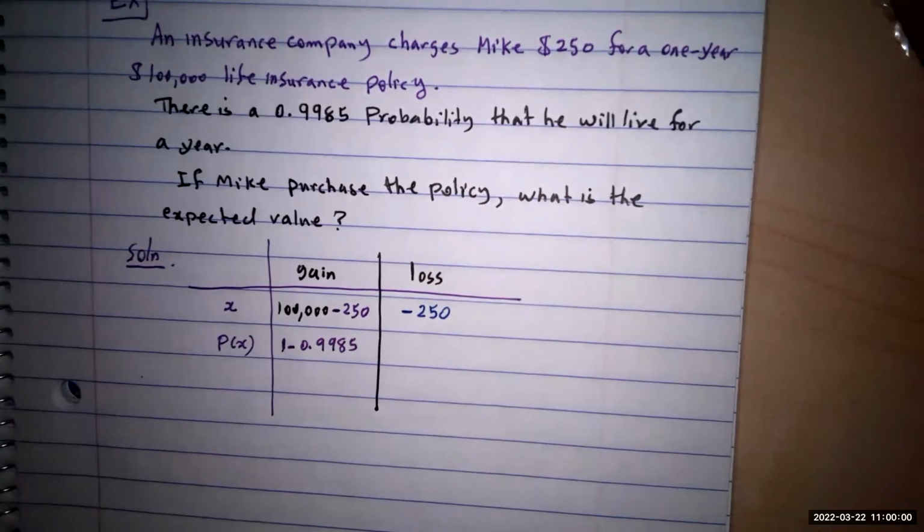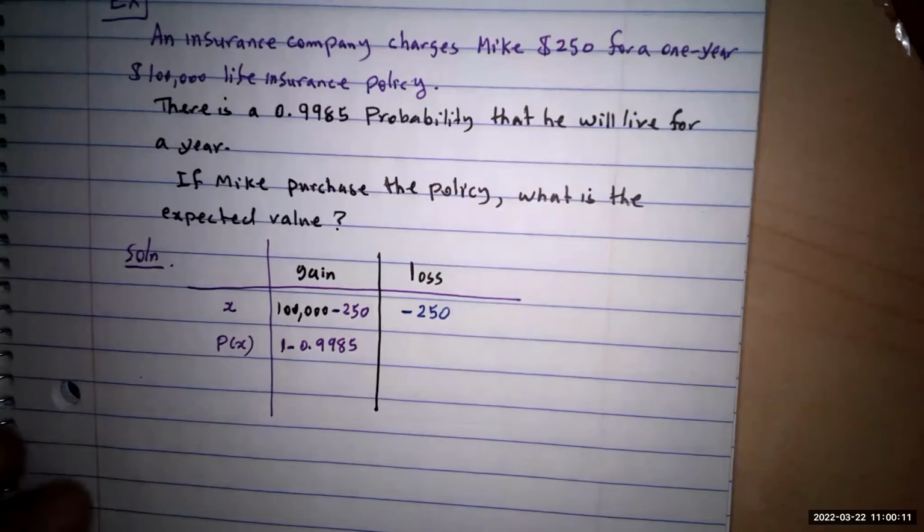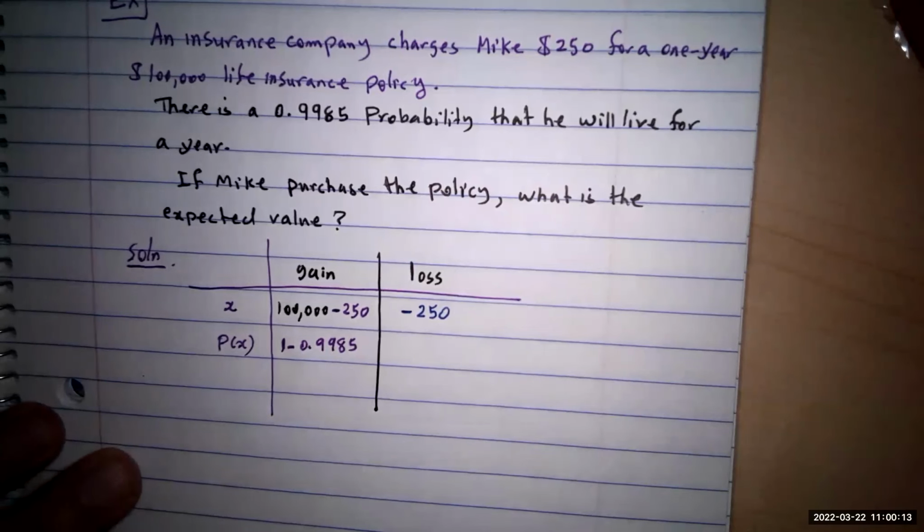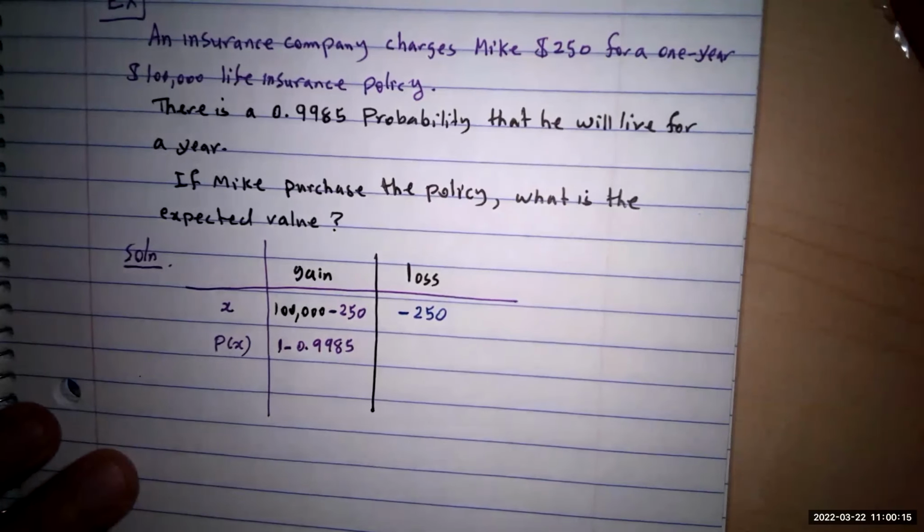You see, you get the money if he's not going to be alive at the end of the year. The probability that he is going to be alive is this one, so we subtracted that, and it was 0.0015. Okay, any question? And what is the probability that we lose the money?